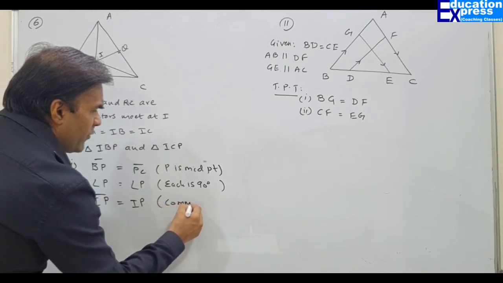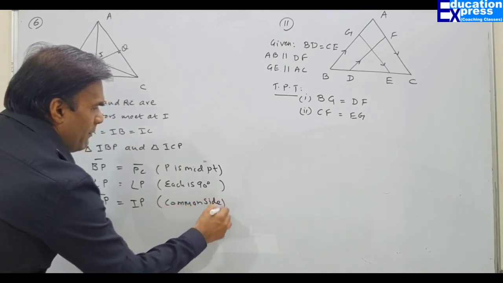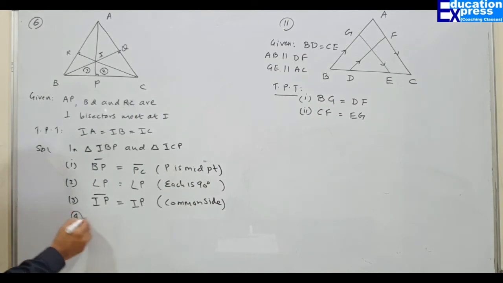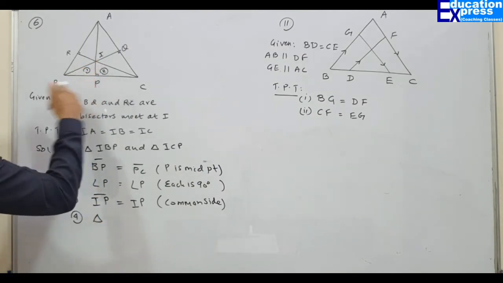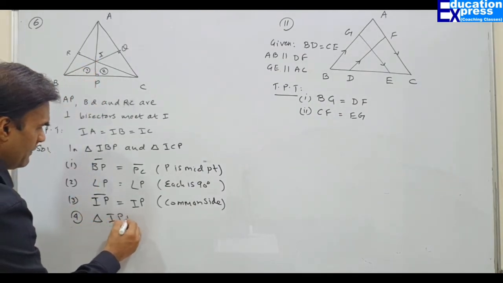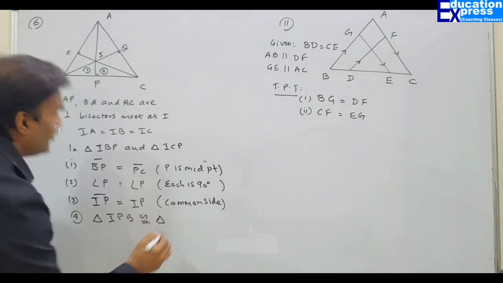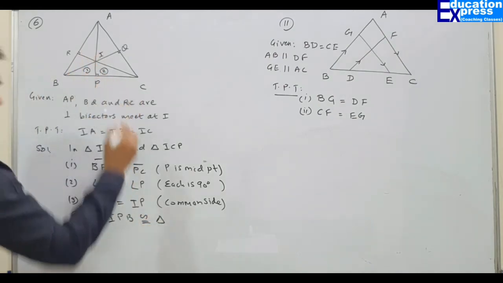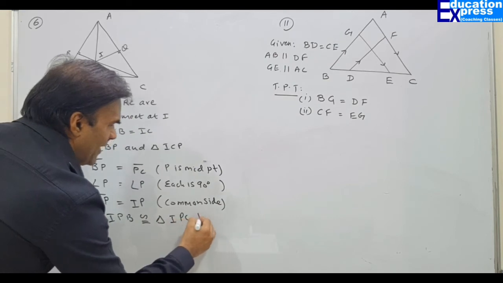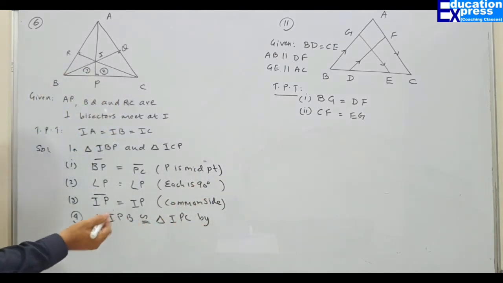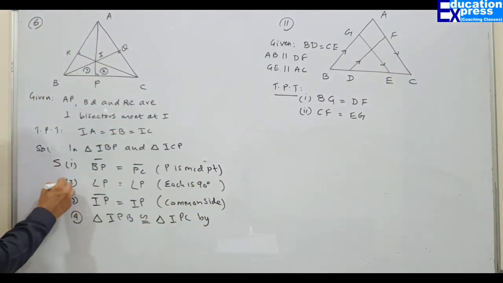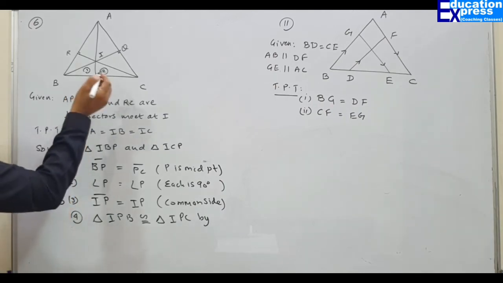Reason? Sir, common side. Beautiful. So sir, triangle IPB is congruent to triangle IPC. Absolutely right. By which test? Sir, side, angle, side.